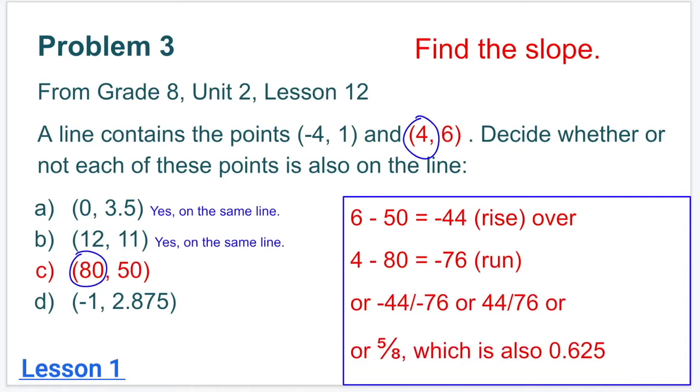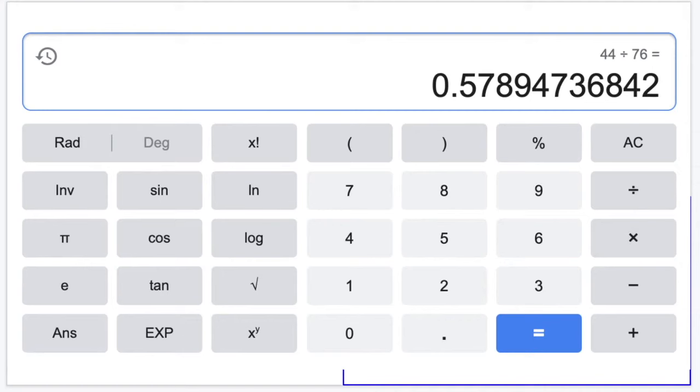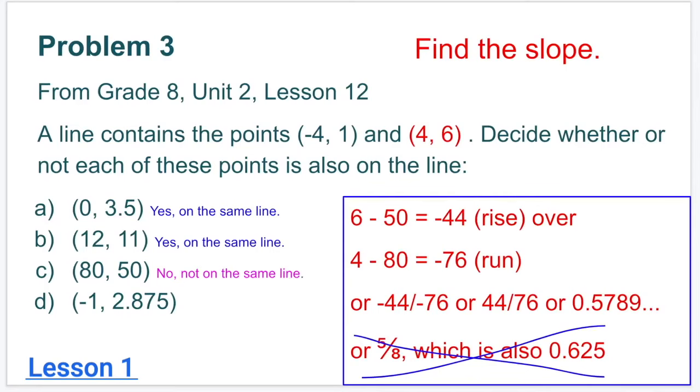So it's also equivalent to 44/76, or 44 divided by 76. And that equals 0.57894, and it continues on. So that obviously is not equivalent to 0.625. So coordinates (80, 50) will not be on the same line.